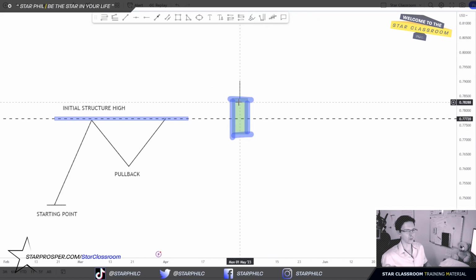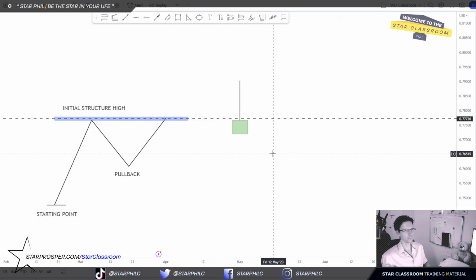The body of the candle must close above this high right here. Okay. Now, if the candle closes below like this, so if price action pushes higher and then we come all the way back down, leaving a big wick like this right here, then it's no longer valid because it's not giving us a break and close above, which is a higher high, higher close.